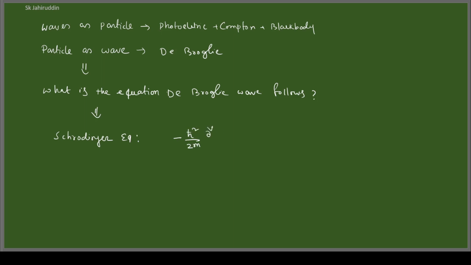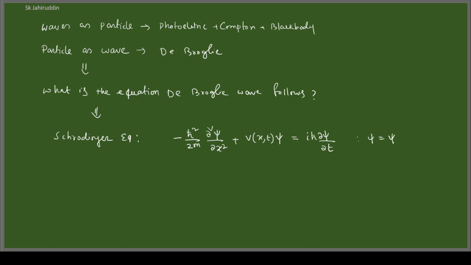In one dimension, there's a very strange thing called psi. Don't worry about it. It could be a function of x, could be a function of t, in most general form. Psi is itself a function of x and t.